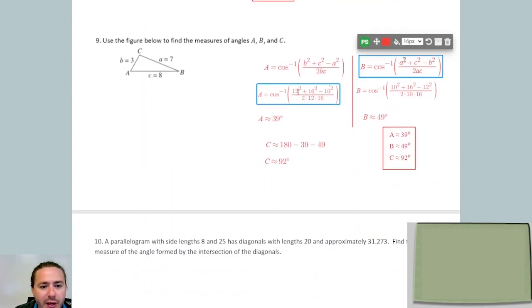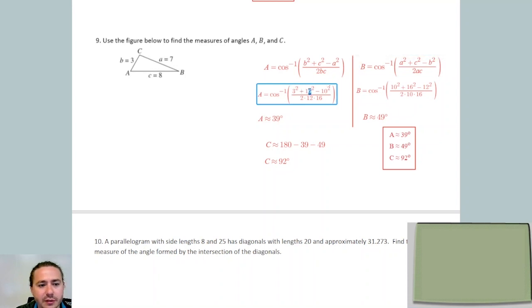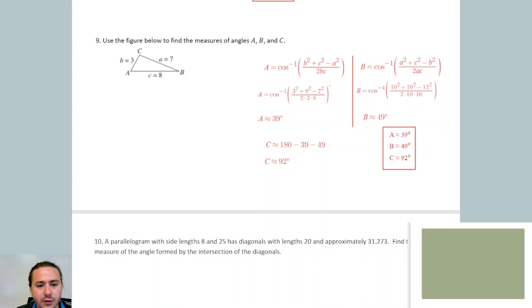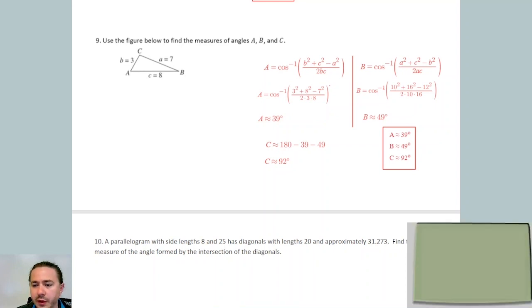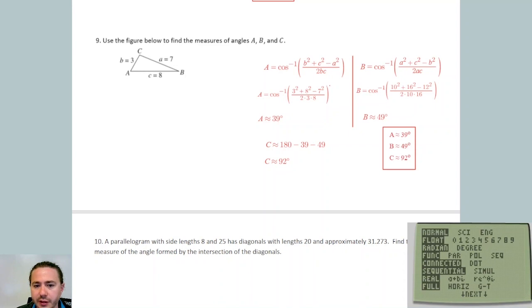So B here is going to be 3, C is 8, A is 7, so we have 2 times 3 times 8. Okay, so let's go ahead and turn on the calculator and we'll type that in.